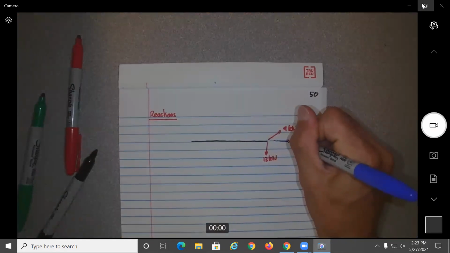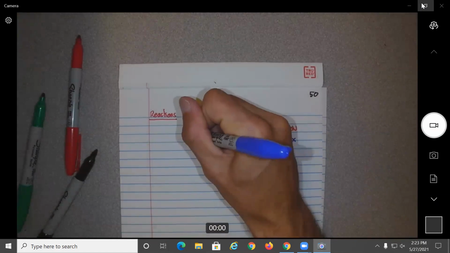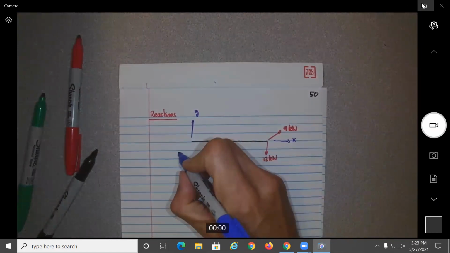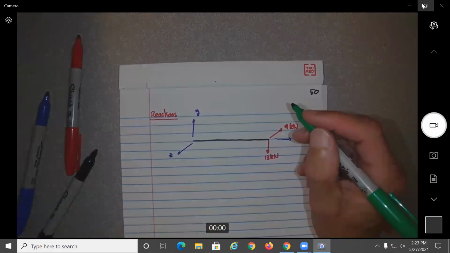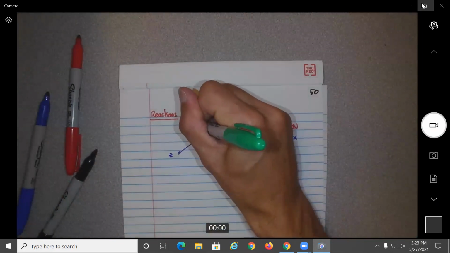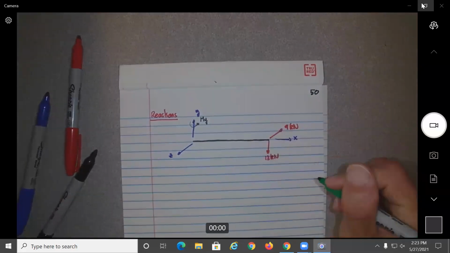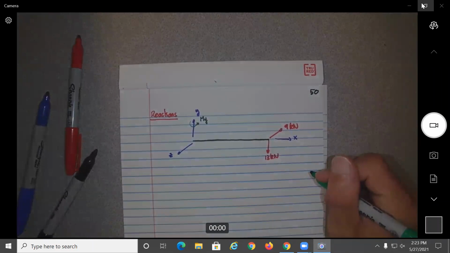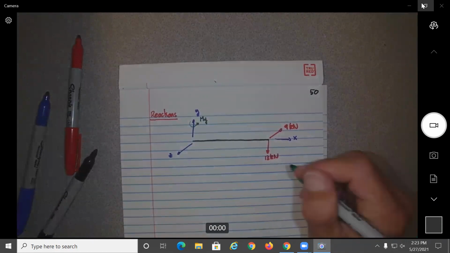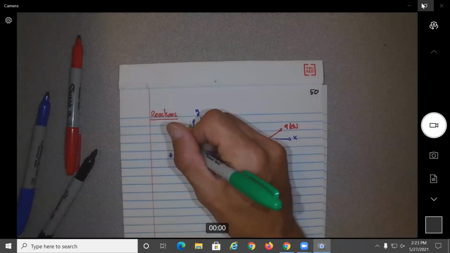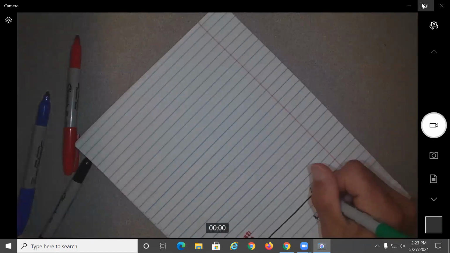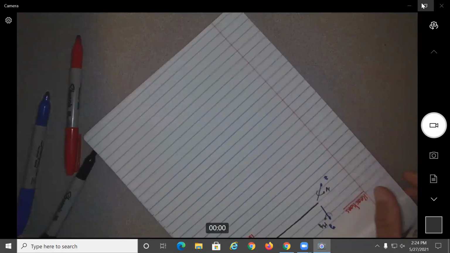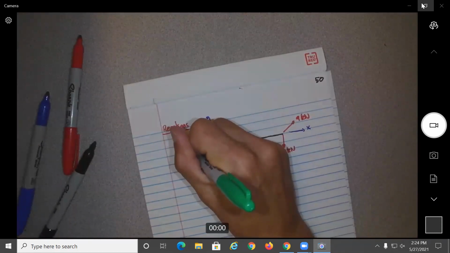So this is X, Y, and Z. So we're gonna have here a resistive moment, M sub Y, and a resistive moment M sub Z.